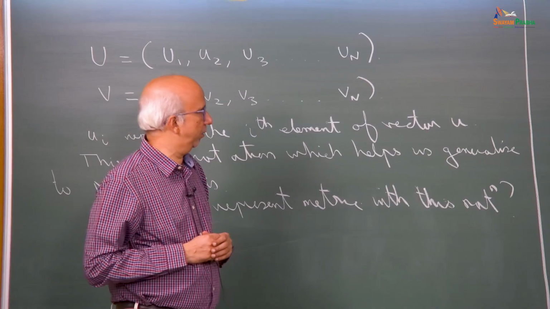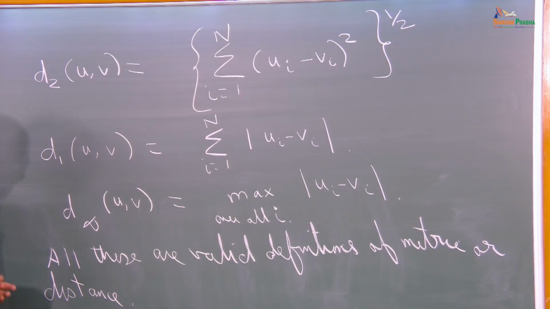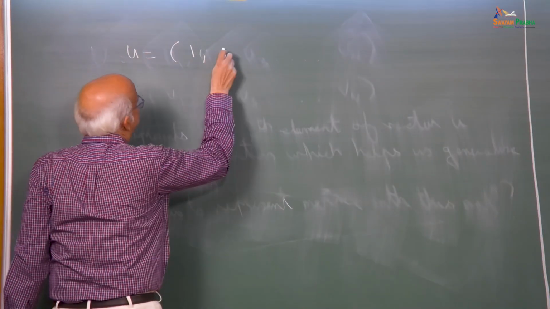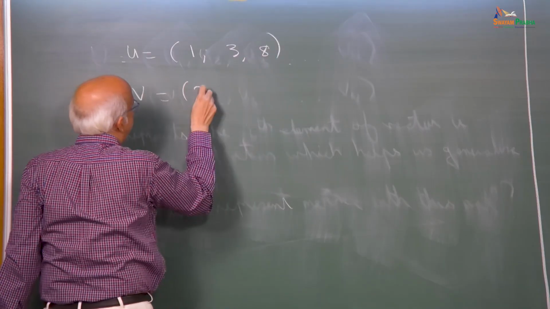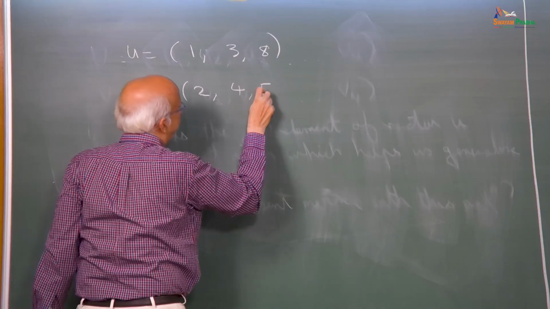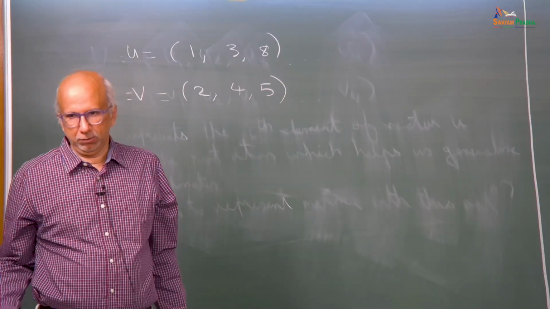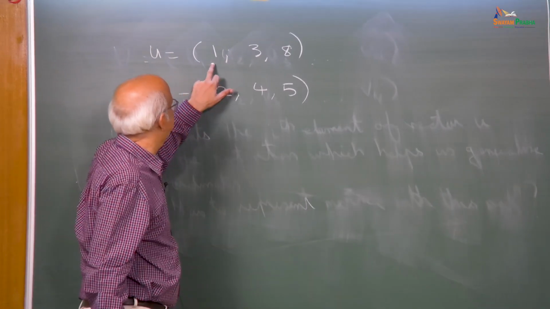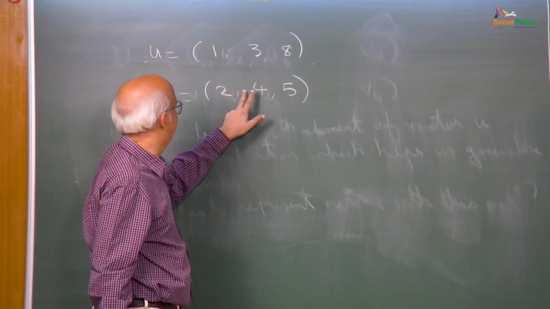Now, what I want you to understand is that let us take an example. Let us say u is 1, 3, 8 and v is 2, 4, 5. Two different vectors I have taken, okay. So, I am just restricting myself to 3 coordinates. So, I do not need to put the comma here, there are 3 different elements, okay.